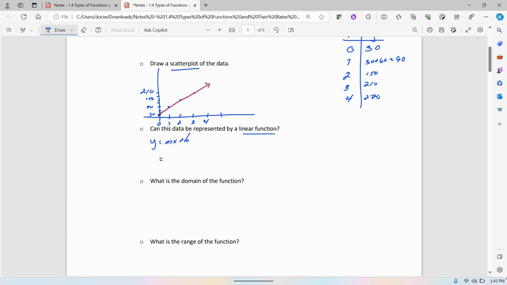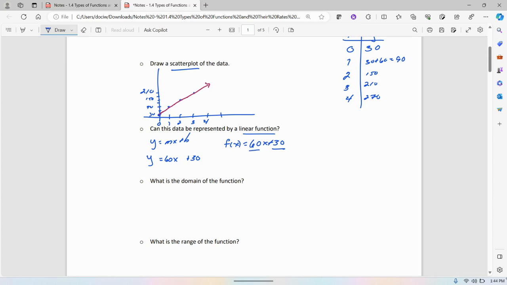Remember that b is the initial value and that we're initially 30 miles from the border. We're traveling at 60 miles for each hour, where x is the number of hours. So y equals 60x plus 30, or f of x equals 60x plus 30. The initial value is 30. We go 60 miles each hour.